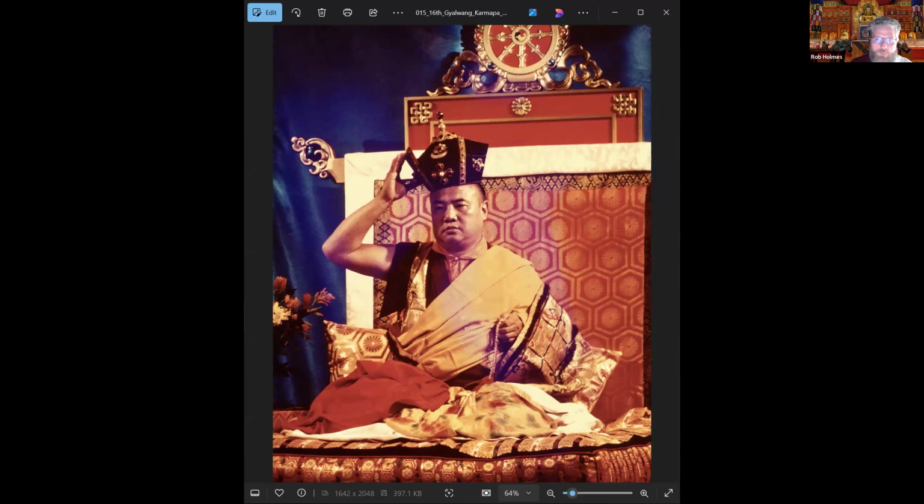Students sometimes may have difficulty visualizing themselves in certain ways. So maybe the person is male and they have a female Yidam deity, and they have difficulty visualizing themselves as a female, or vice versa.